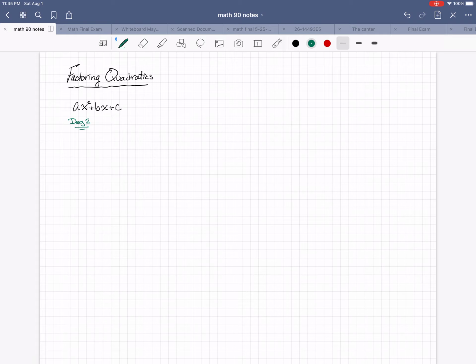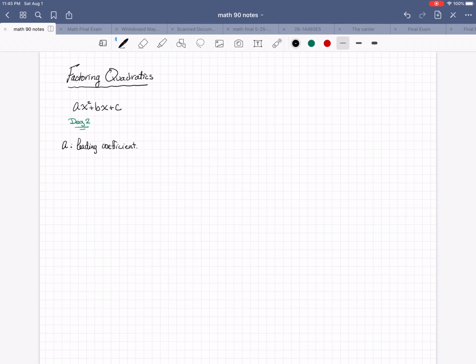Before we jump into some examples, here a, b, and c are called the coefficients, and a here is called the leading coefficient. We could give b and c names also, but it's not terribly important to do that right now.